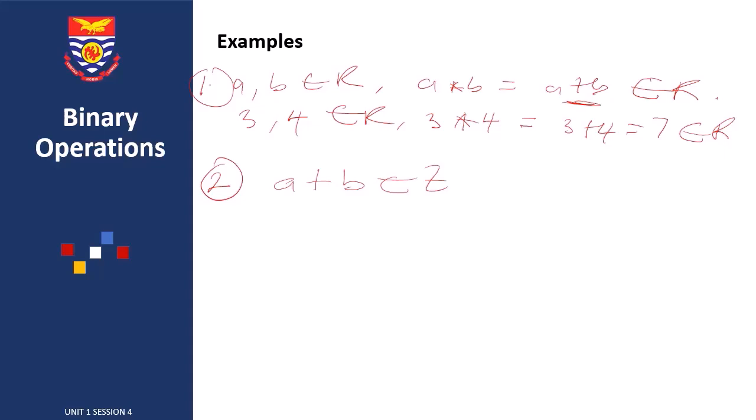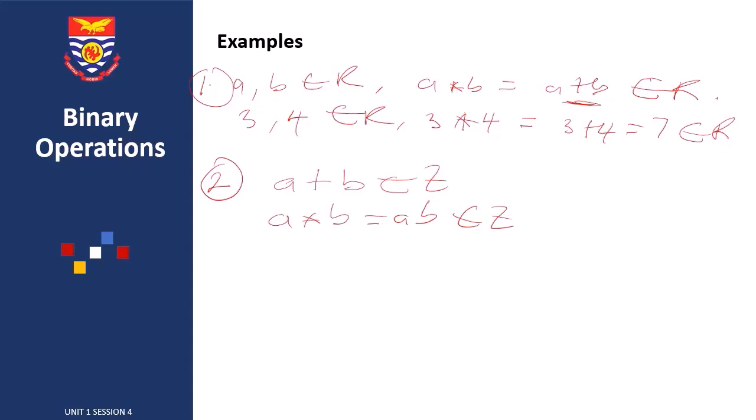So if I say that A star B equals AB, then what will be the result of AB? We can see that AB is also a member of Z. Once AB is a member of Z, one can conclude that multiplication is a binary operation on the set of integers. So choose any 2 integers and see.